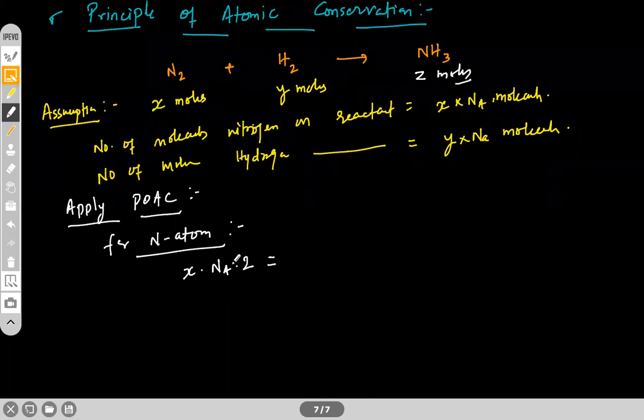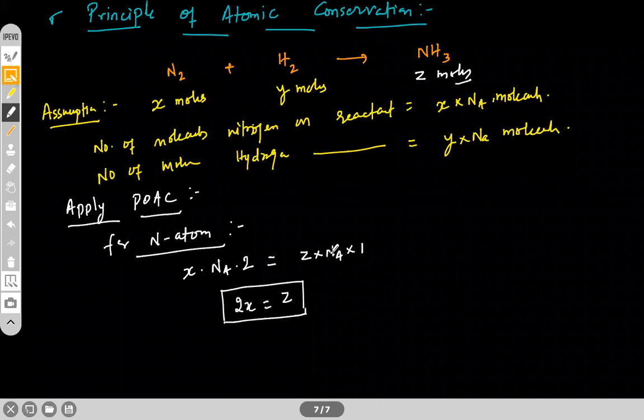The nitrogen atoms on the reactant side should equal the nitrogen atoms on the product side. So Z moles is Z into Na molecules, and 1 molecule of ammonia has 1 nitrogen atom, so this into 1. Further, we can write 2X equals Z. This is the first relation.